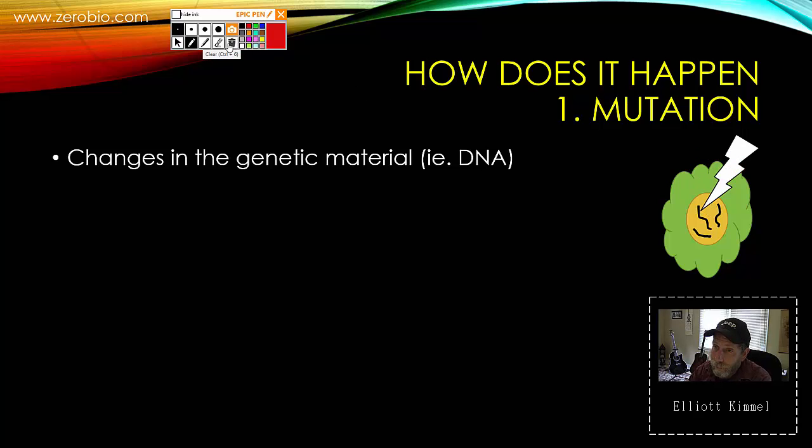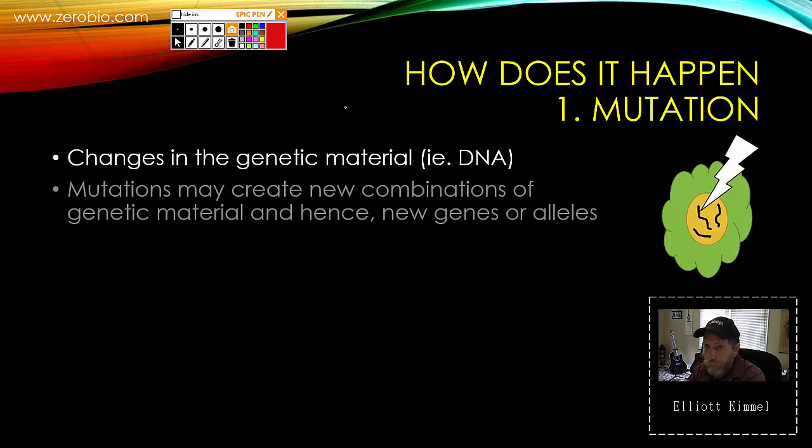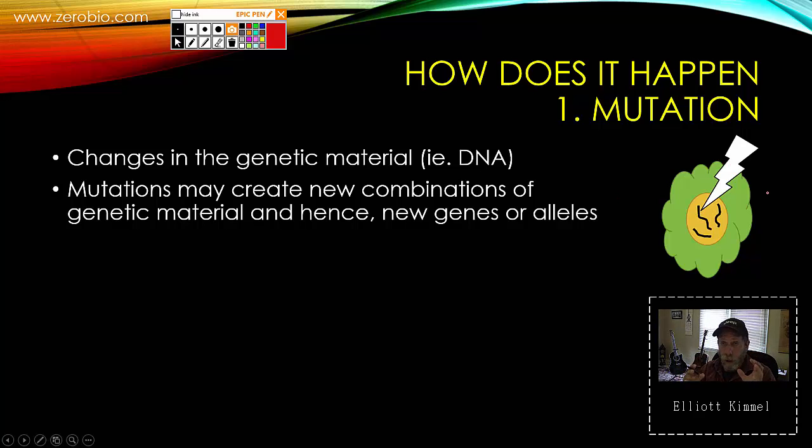Now, mutations may create new combinations of genetic material as this lightning bolt hits the DNA and jumbles it all up. It causes a change in that DNA, and we get new genes.